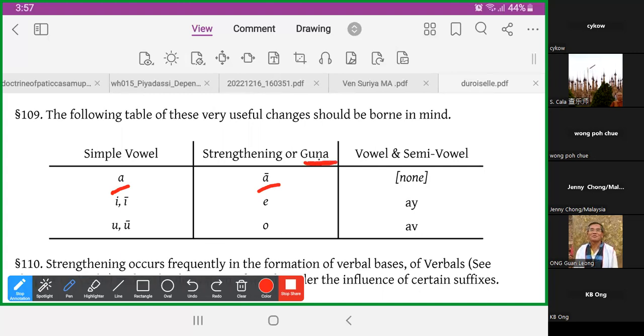The other meaning of guna is quality. So I becomes E, becomes A, becomes O. So there are changes, and sometimes it's possible for you to change to what we call a semi-vowel. A semi-vowel is kind of like a Y sound or V sound here.